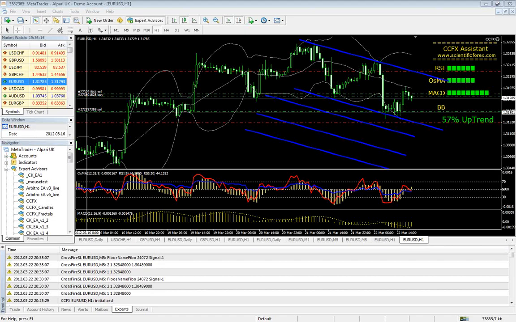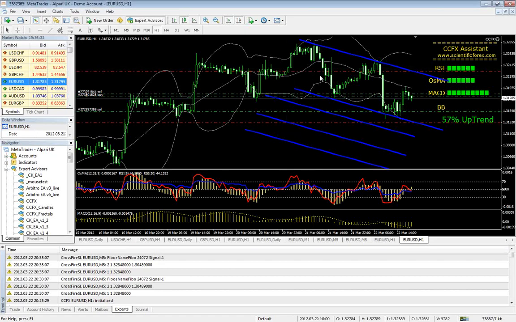Okay, the last question. Who's the lucky guy? When a Fibonacci is drawn on the chart, is there a way to increase the size of the levels displayed on the far right end of the Fibonacci line? The size? Actually, I'm not sure about that. Let me just try to do that.